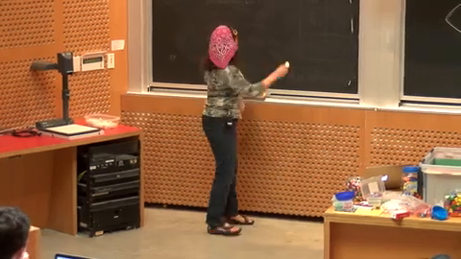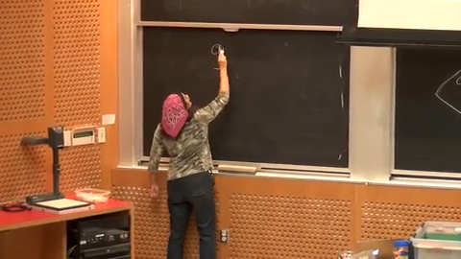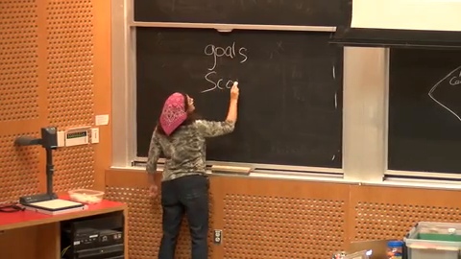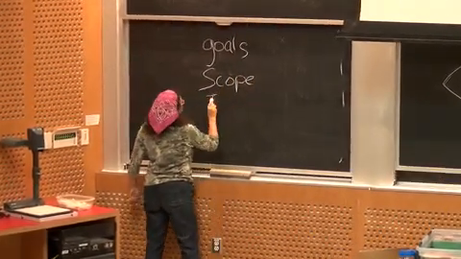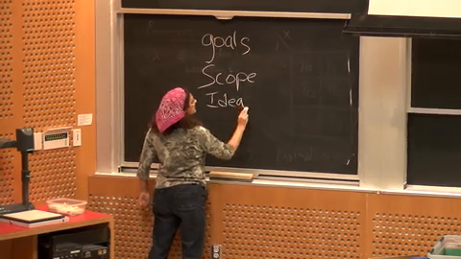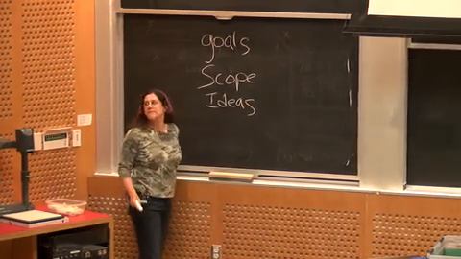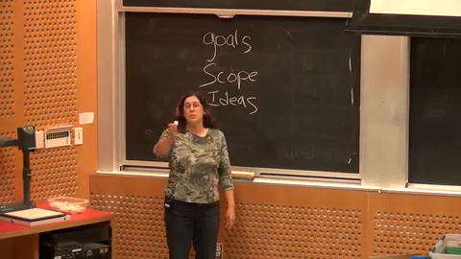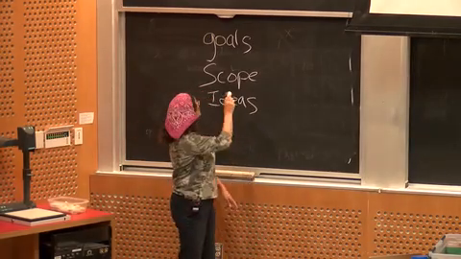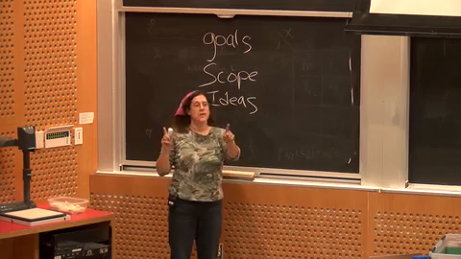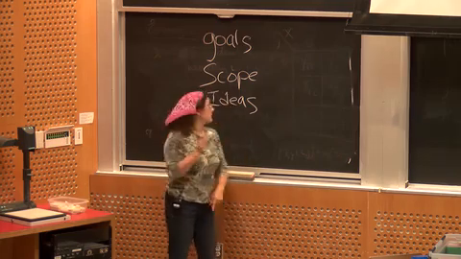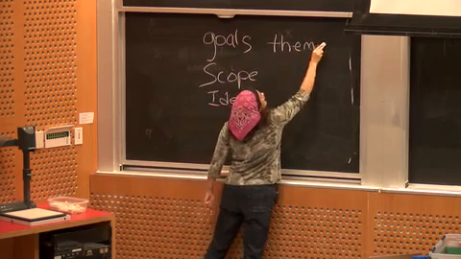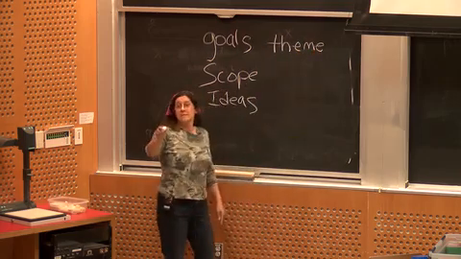Goals. Okay. Goals. Scope. I heard ideas. What kind of ideas? The game. Goals, ideas, the game. Wait, so got goals, got ideas, got scope. I heard game. Theme. Okay, theme, that sounds like a really good idea. Core mechanics.